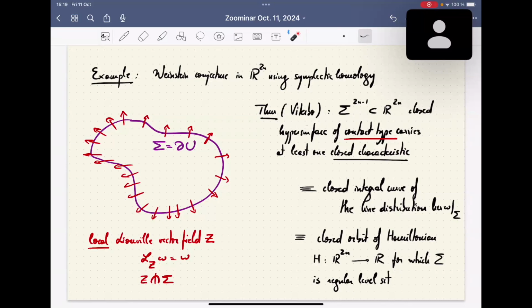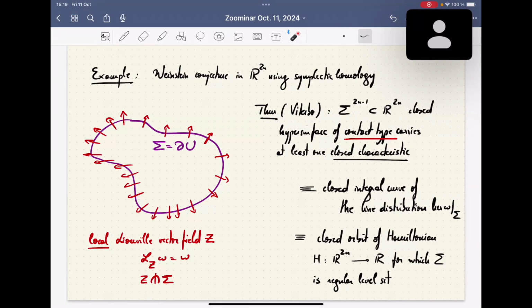So this is a celebrated foundational result of Viterbo '87, saying that whenever we have a closed hypersurface in R^{2n}, which is of contact type, we find at least one closed characteristic on that hypersurface. So I will explain the terms.